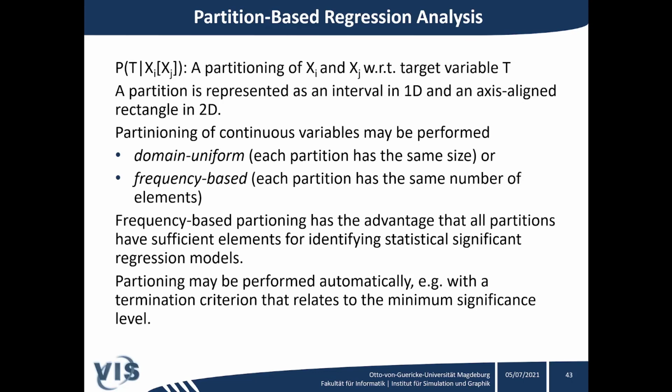So in a domain-uniform partition, each partition has the same size, and in a frequency-based partition, each partition has the same number of elements. The frequency-based partitioning has the advantage that all partitions have sufficient elements for identifying statistically significant regression models, and the partitioning may be performed automatically, for example with a determination criterion that relates to the minimum significance level.